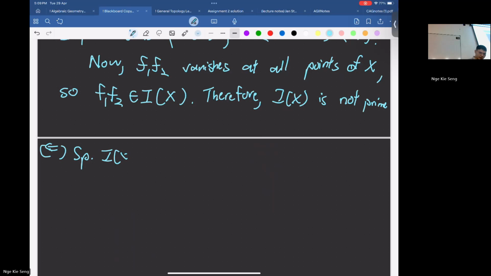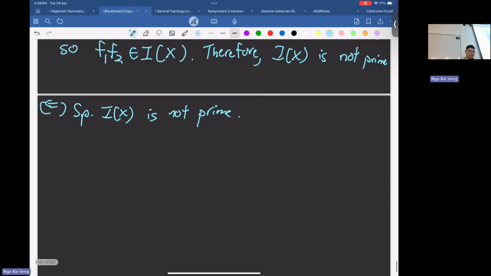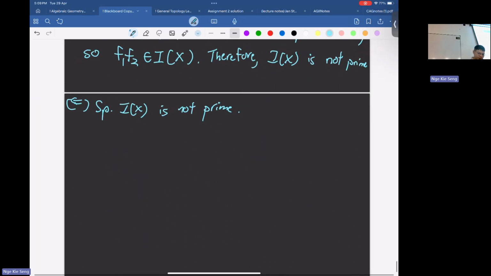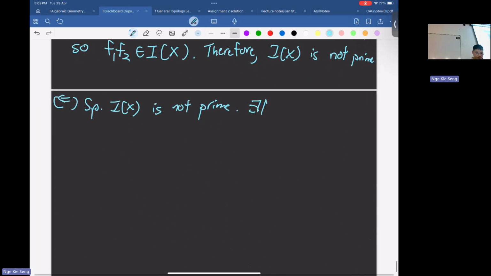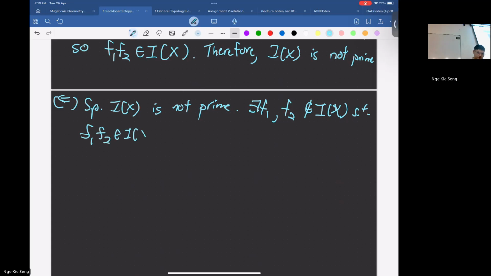Suppose I(X) is not prime. Not prime means what? Same thing, we work backward. There exist f1, f2 not in I(X) such that their product is in I(X). What's the trick here?